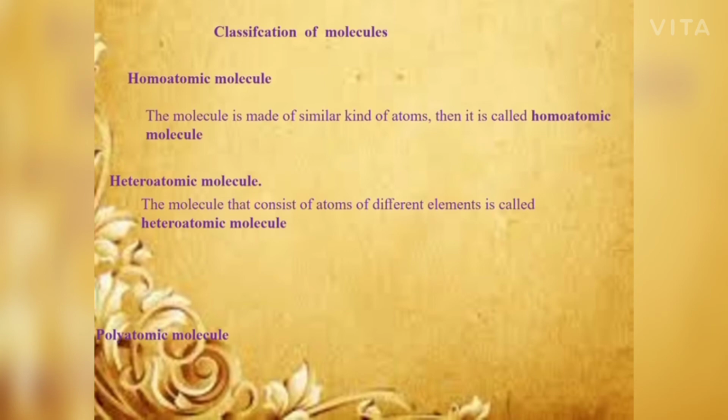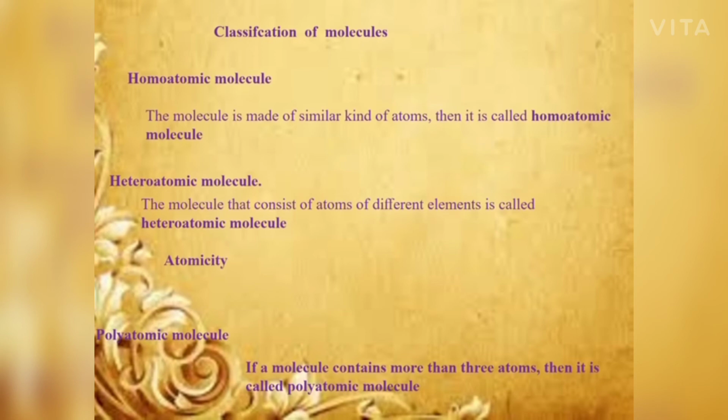Another type is polyatomic molecules. If a molecule contains more than 3 atoms, that may be same or different, then it is called polyatomic molecules. So, depending upon the number of atoms present in the molecules, another term we also use, that is atomicity. Atomicity means the number of atoms present in the molecules.